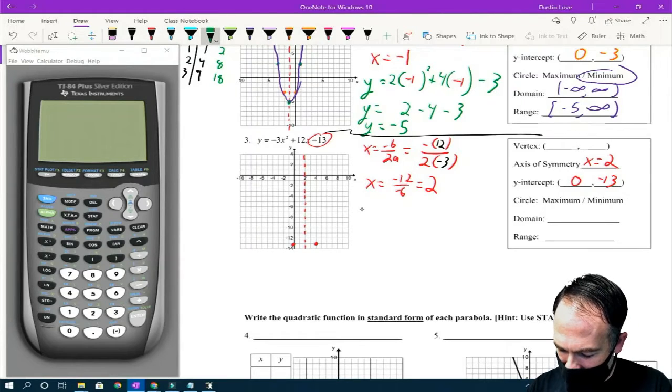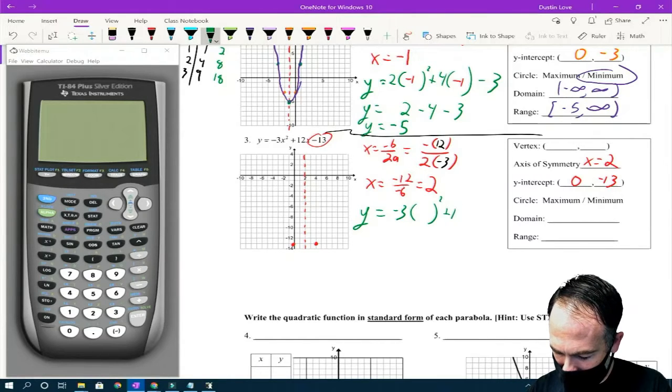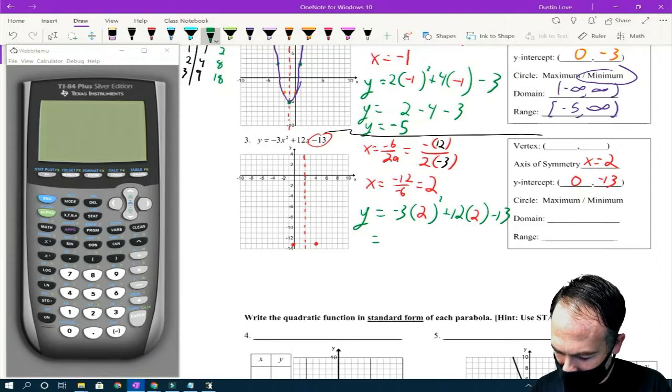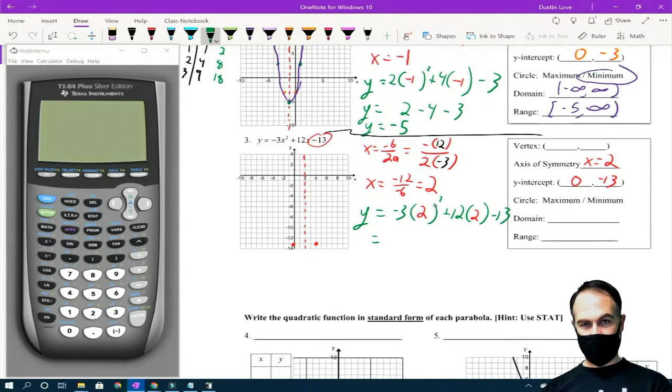Now the y-intercept, the vertex, -3x squared plus 12x minus 13. Plug in 2 for both of those. 2 squared is 4 times -3 is -12. 2 times 12 is 24.